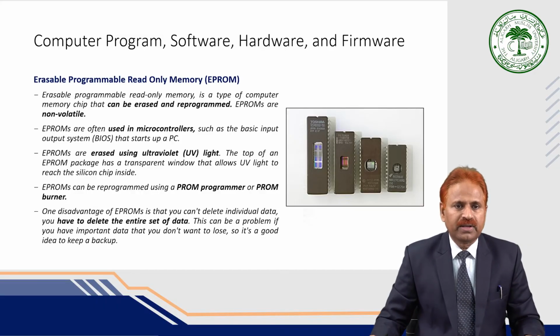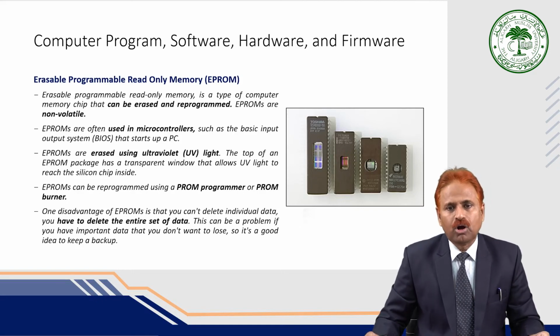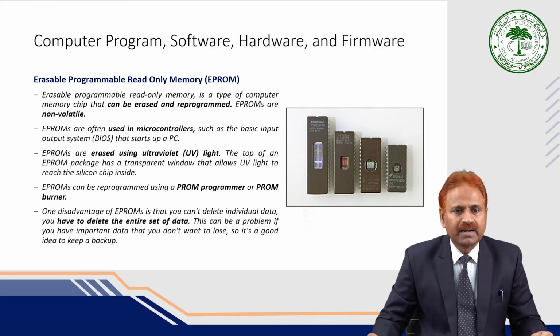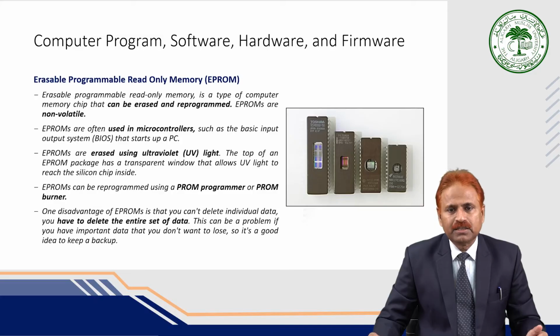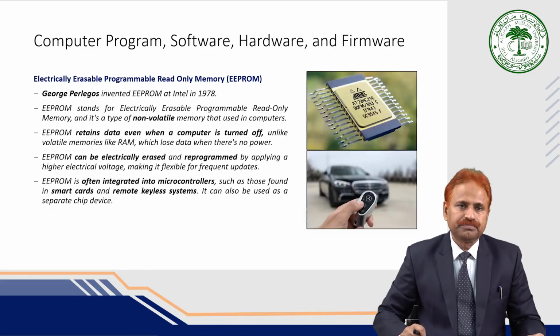The top of an EPROM package has a transparent window that allows UV light to reach the silicon chip inside. EPROM can be programmed using a PROM programmer or PROM burner. One disadvantage of EPROM is that you cannot delete individual data. You have to delete the entire set of data. This can be a problem if you have important data that you don't want to lose, so it is a good idea to keep a backup.